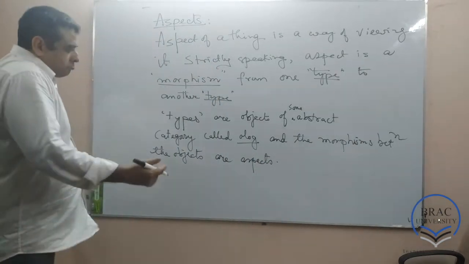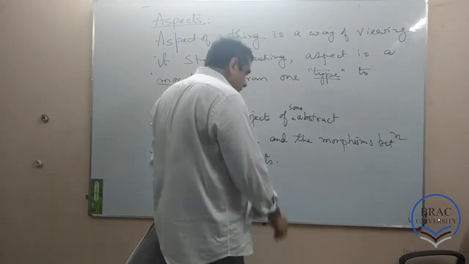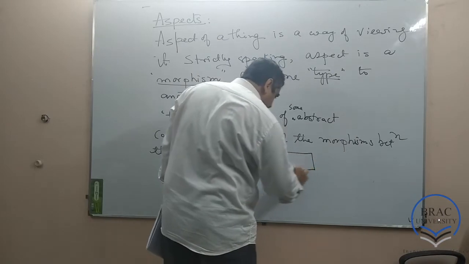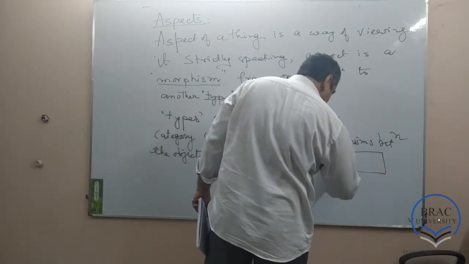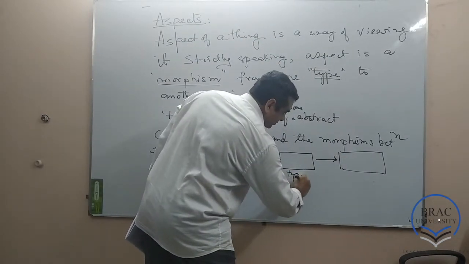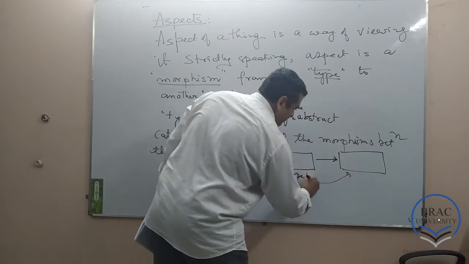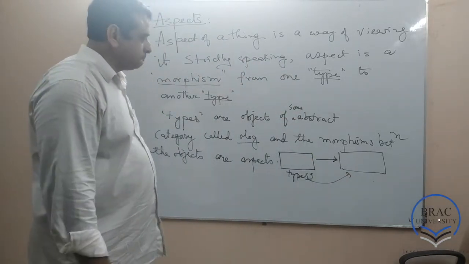Okay? So recall the Olog that we had discussed earlier, where we had various boxes connected with various arrows. These were types, and these arrows were aspects.